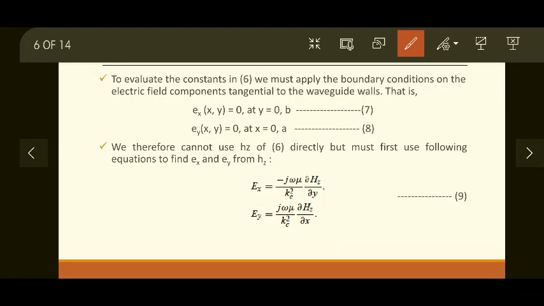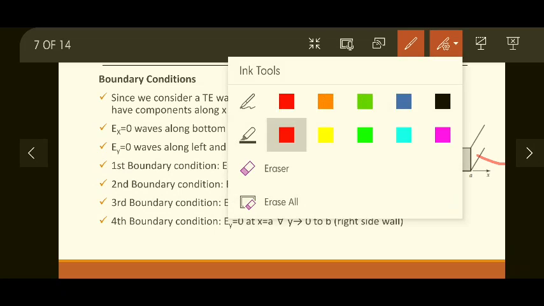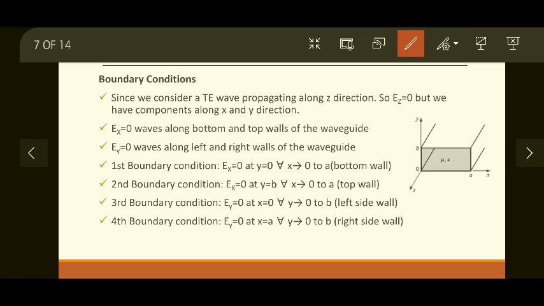To evaluate these constants, we must apply the boundary conditions on the electric field components tangential to the waveguide walls. Okay, so what are the boundary conditions? First of all, let's see. The boundaries of this waveguide are top wall, bottom wall, left wall, and right wall. So what are the coordinates of these walls? Okay, first boundary condition.